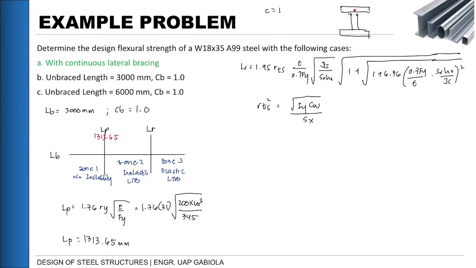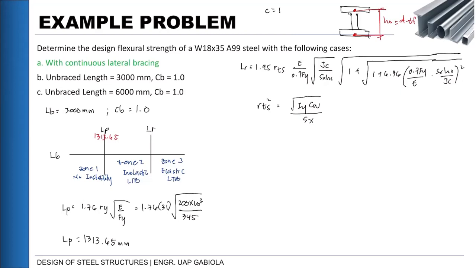So this is the center of our flange. That is the value of our H sub O, or equal to our depth minus the thickness of our flange. Okay?